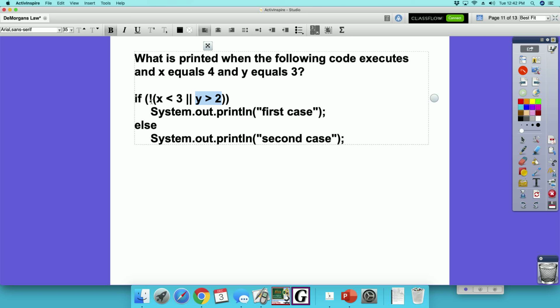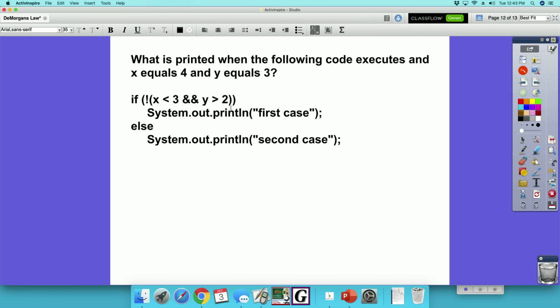But it's a not. So not true is false, and because it's false, it prints the second case. So you have to put the values from the questions into the Boolean expression. You have to evaluate the Boolean value of it, and then you have to negate it. You have to do this very systematically.